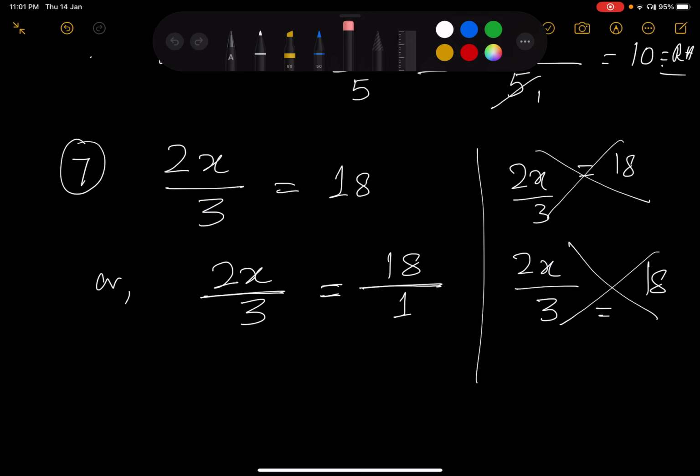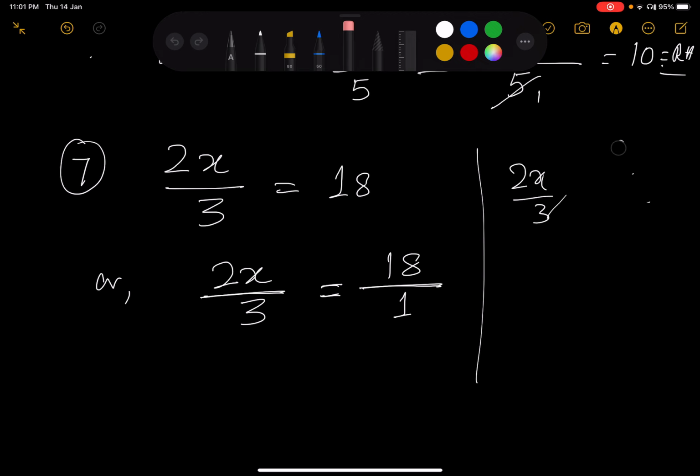So here what we can do is now cross multiply. As you can see that both sides of the equal to sign is a fractional number.